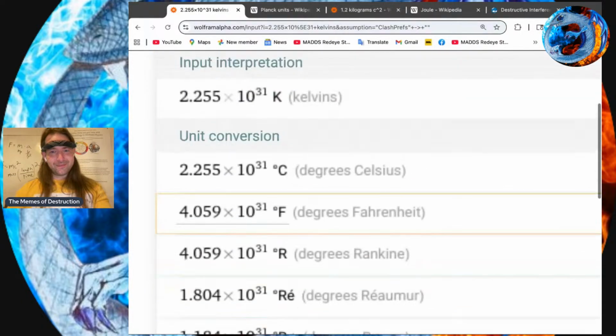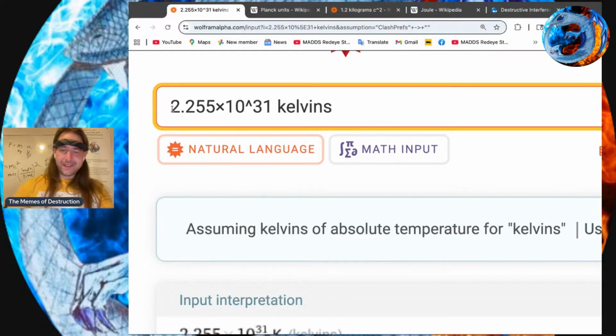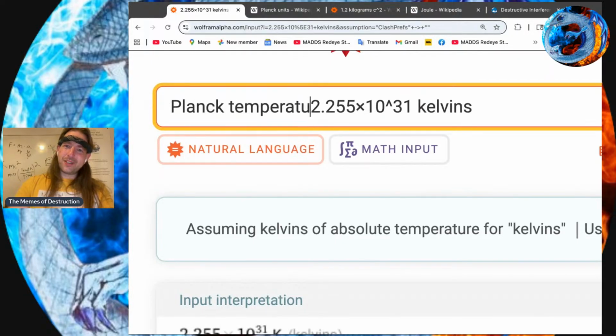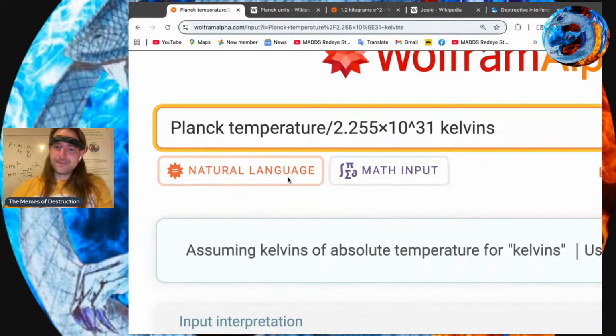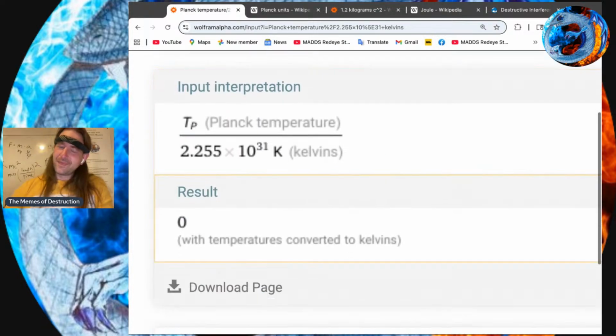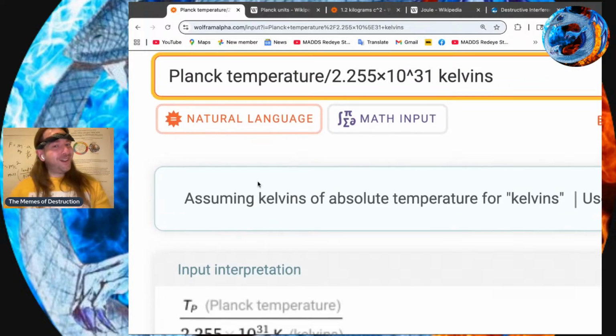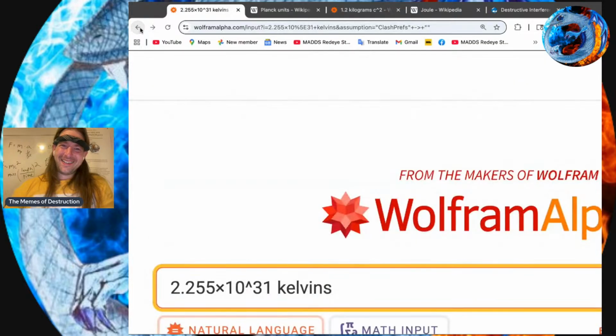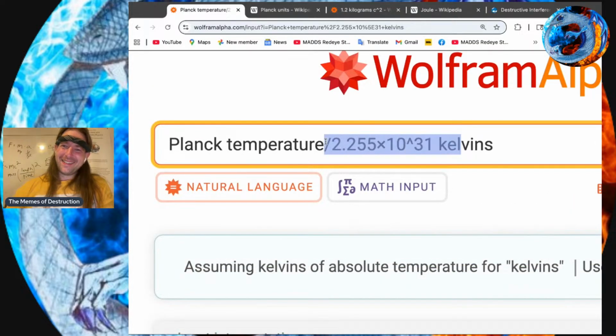So just divide it into the Planck temperature. That's not useful. Wolfram Alpha does not like the Planck temperature. Here, we'll do this.